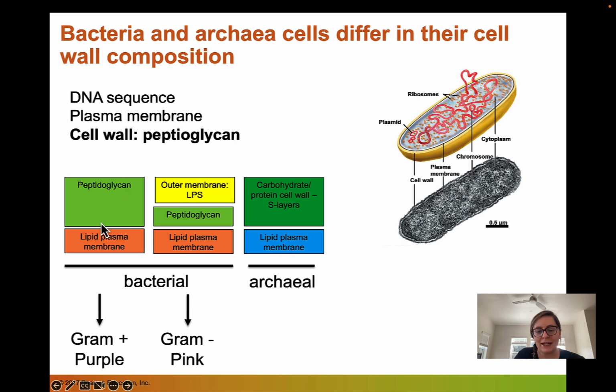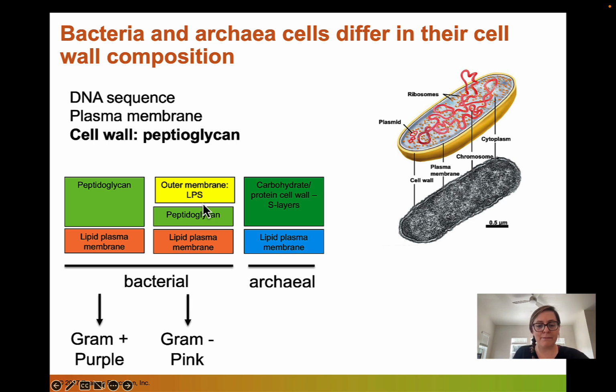And peptidoglycan, as we talked about, is this carbohydrate that's formed by these alternating monomers, NAG-NAM, NAG-NAM, and then they're linked together in layers via peptide bonds. And so this forms a really tough, thick cell wall. We can see if we have a thick cell wall by doing this technique called gram staining. And if you ever take a microbiology class here at Cal Poly, you'll be able to do that technique.